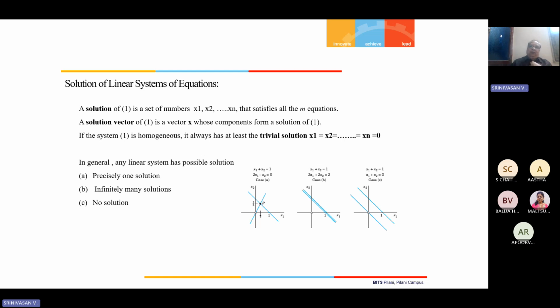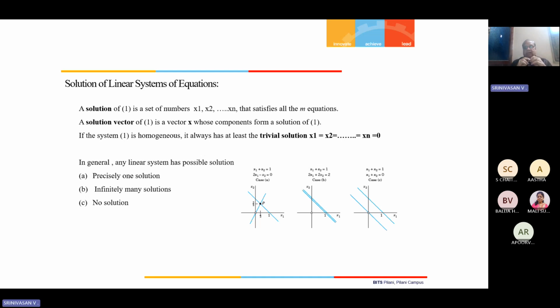So with this background, if you go back to the ideas that you have after finding the rank of a given matrix and then finding the ranks of the matrix A and the augmented matrix AB, you are able to say that if rank of A equals rank of AB, first of all, you will be able to say that the system is consistent.